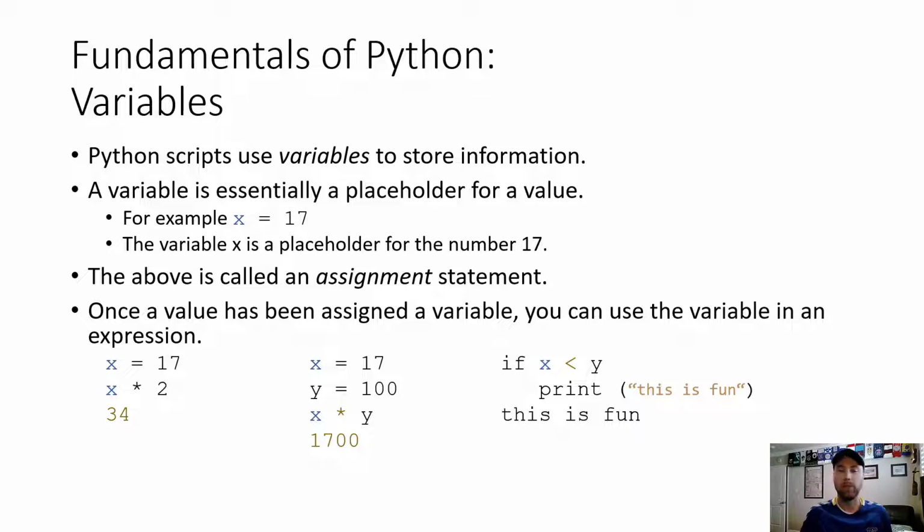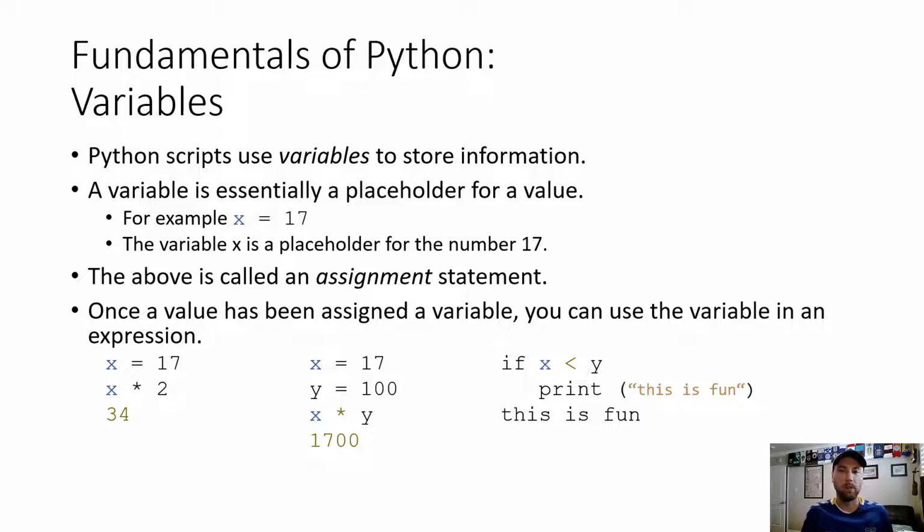So the variable x is a placeholder for the number 17, but it could also be a placeholder for the number 3,700,000,000,600,000,000, something, right? So just think about it as a time saver and to save you keystrokes. The above is called an assignment statement, by the way. When you assign a variable to some sort of defined value, that's the assignment statement.